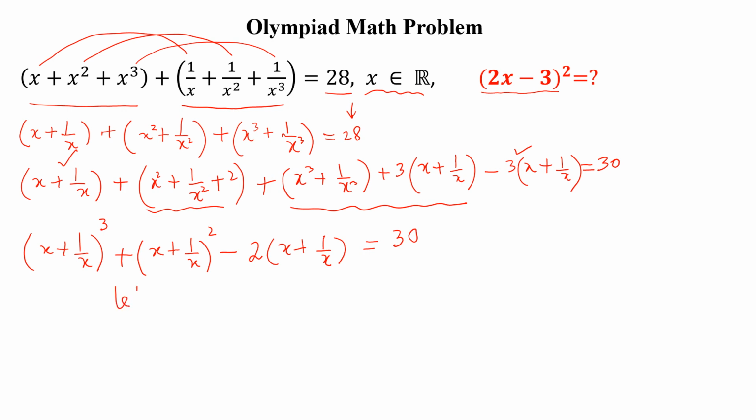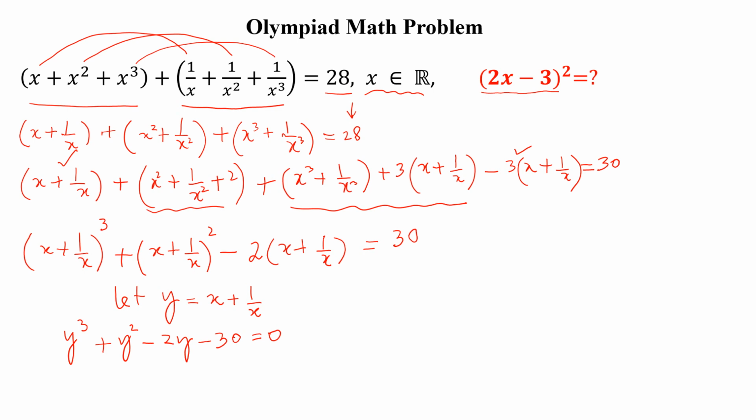Now let y is equal to x plus 1 over x, then we can write this equation as y cube plus y square minus 2y minus 30 equal to 0.